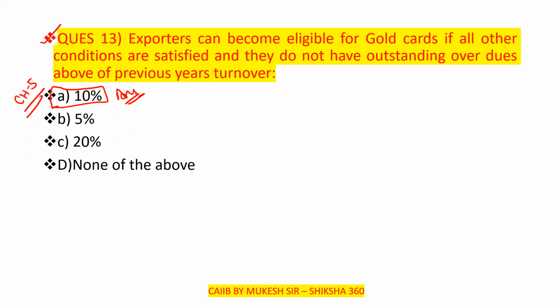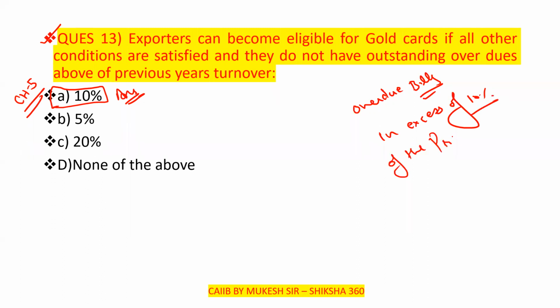The scheme will not be applicable to exporters blacklisted by the ECGC, or having overdue bills in excess of 10% of the previous year's turnover.